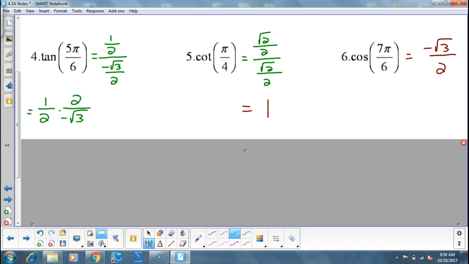Multiply by the reciprocal, which is negative 1 over the square root of 3. Now, if you wanted to rationalize that denominator and put that one as negative square root of 3 over 3, I'm okay with that too. Those two mean the same thing.